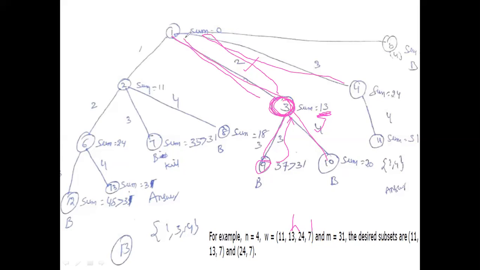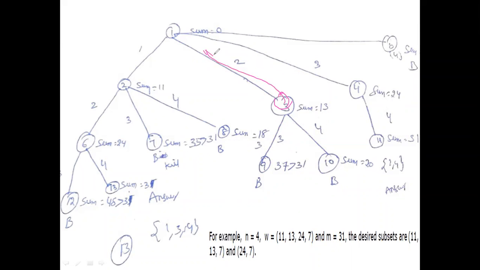Now the third node is fully expanded. Go back, back meaning backtracking. Next, the first node generates another child, that is the fourth node.